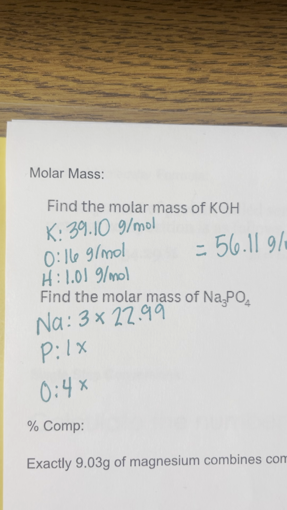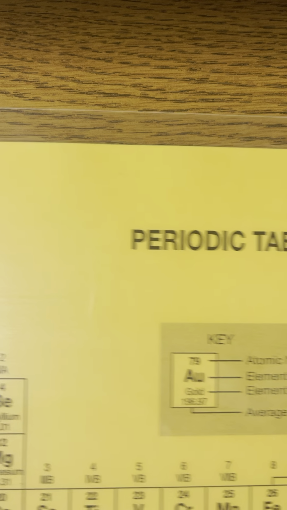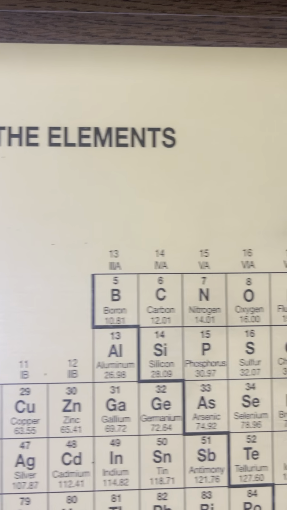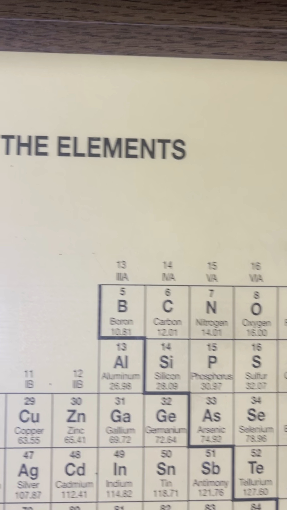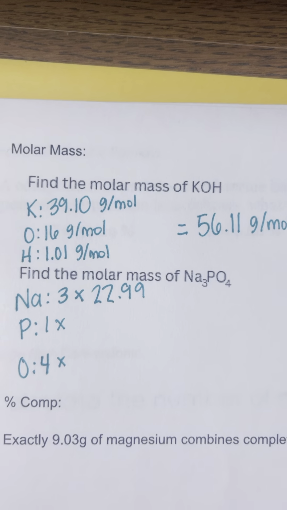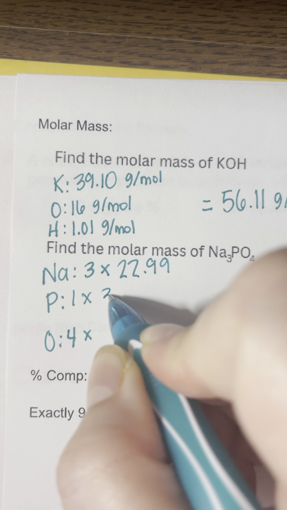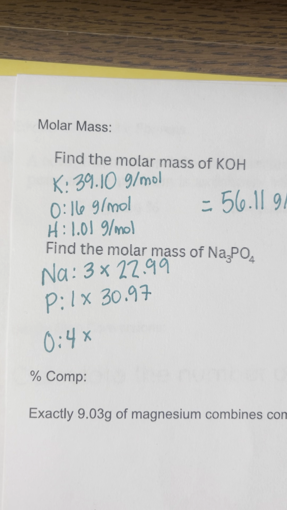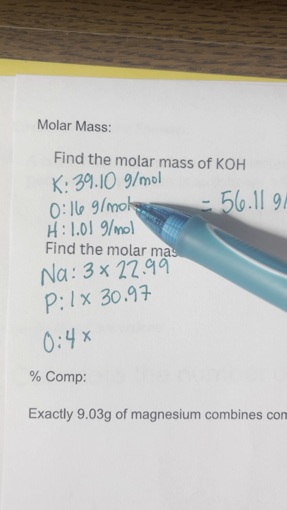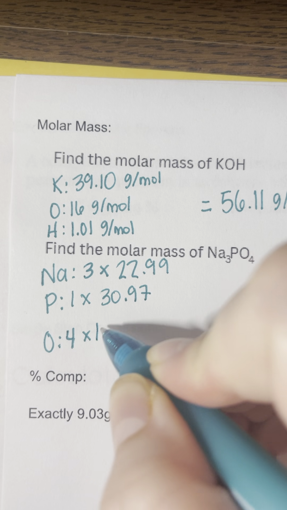Okay, then we need P, and P is over here. It is 30.97. And then our oxygen, which if we can look up here, was 16.